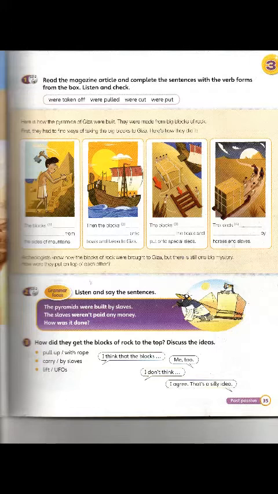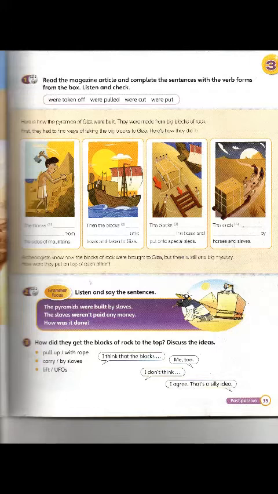You must complete the text with the verb forms from the box: were taken off, were put, were cut, and were put. Please listen to the audio carefully and complete the text. We will discuss after you completed the text.